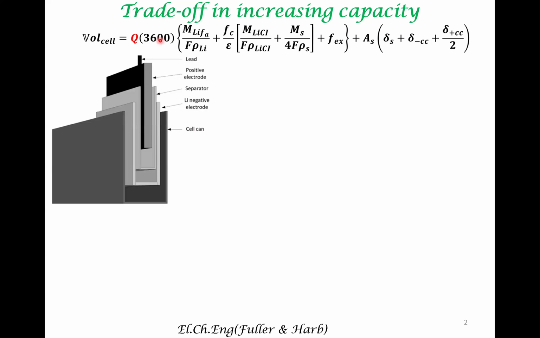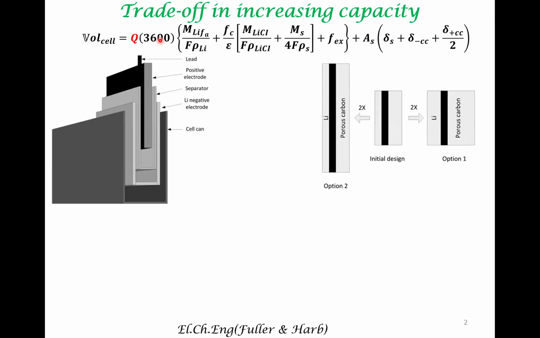The question which we want to address is the following. Supposing we have an initial design of a particular capacity. I want to increase the capacity, this quantity, by 2x. That is, I want to make another cell with twice the capacity.